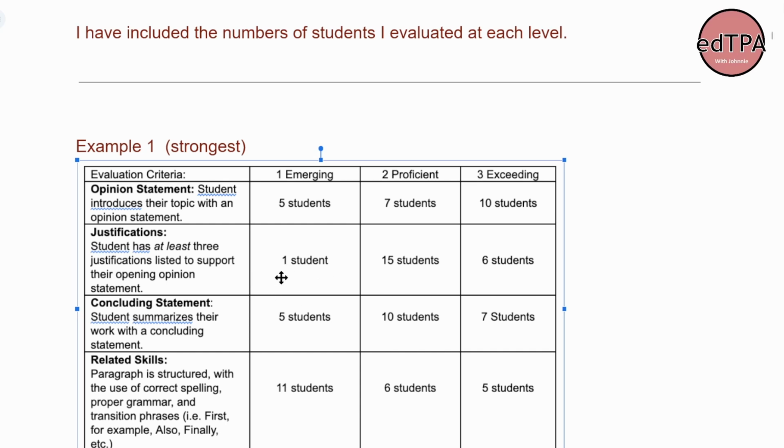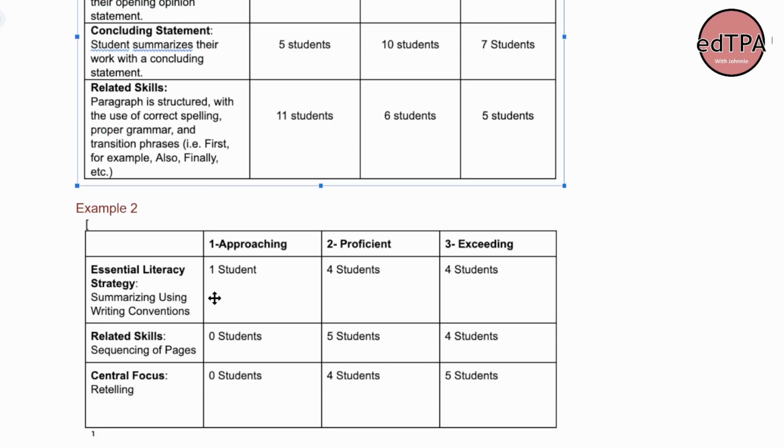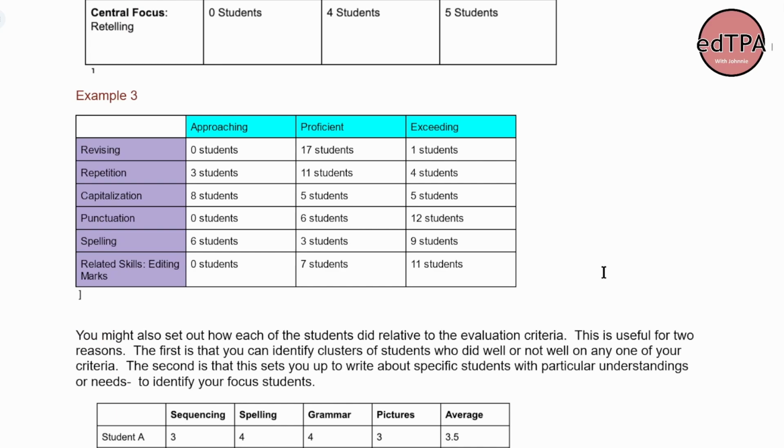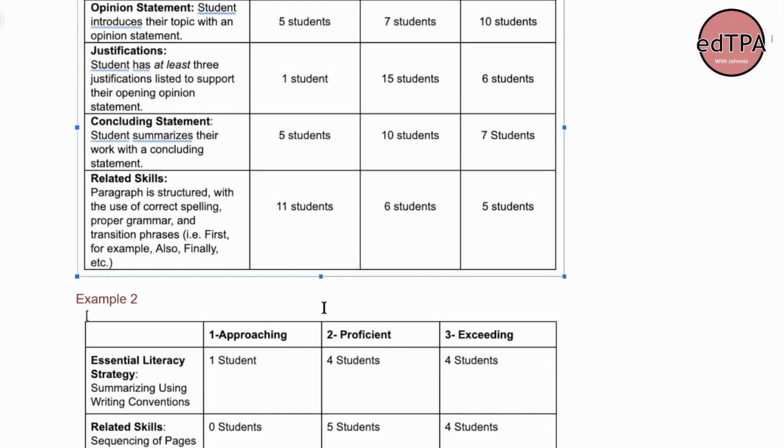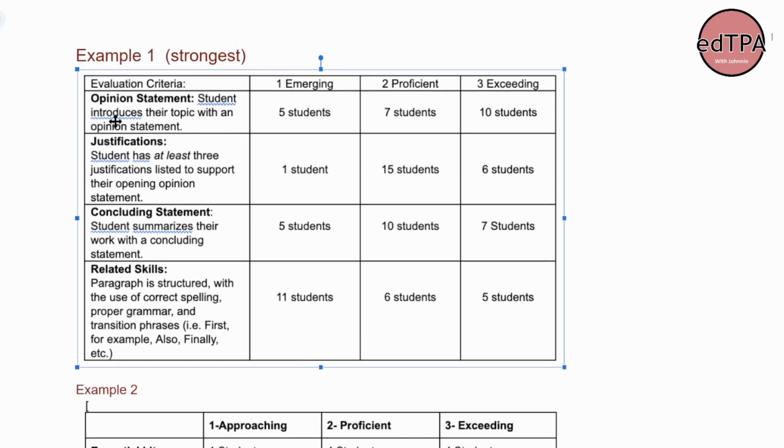So you want this to be something you can write about in the following prompt. So this is example 2, much simpler. And this is example 3. Okay, very simple. I'm still going to say that you should work towards this strong example with good explanatory criteria here. This is the best way to go.